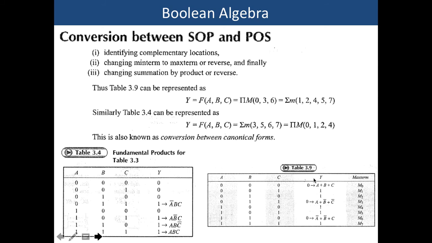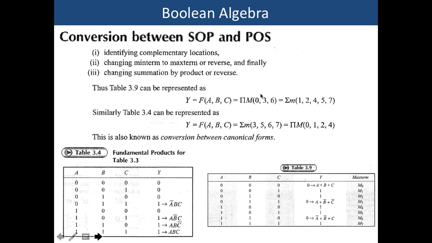Now, how to convert from the sum of the product to product of the sum, or product of the sum to the sum of the product? First of all, identify the complementary, opposite locations, changing min term to max term or reverse, changing summation to product or reverse. Okay, so let's take an example. Y is equal to function ABC, and this is the product of the sum, pi capital M 0, 3, 6.